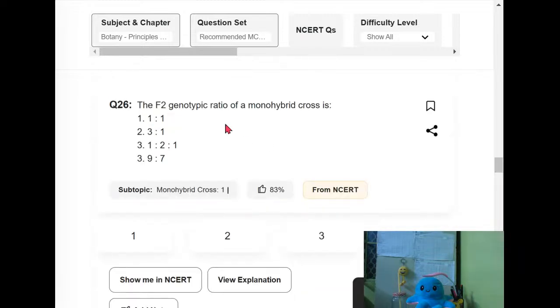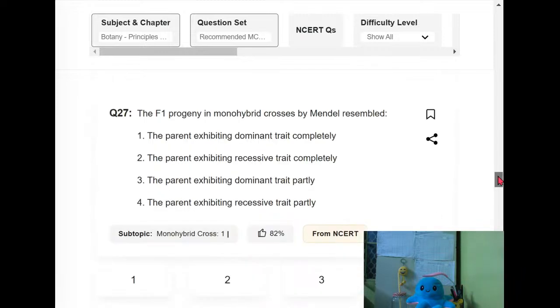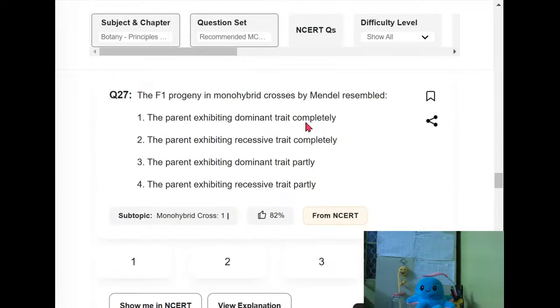The F2 genotypic ratio of a monohybrid cross is 1:2:1.